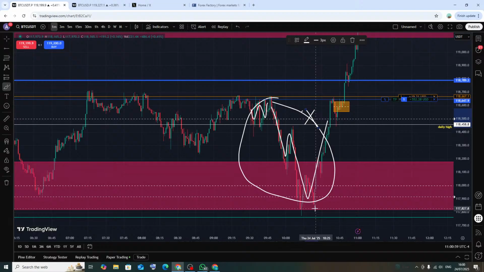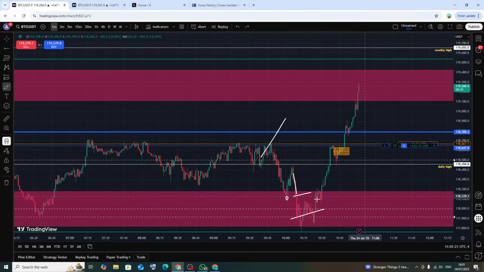We are not sure which way it will go. When it cut this fair value gap, I was like, now you can buy, because it seems to me it has done a V-shaped recovery toward the upper side. This is the low, it should not go below this low. Tends to be bullish from here all the way toward the upper side. So yeah, that's how it is.